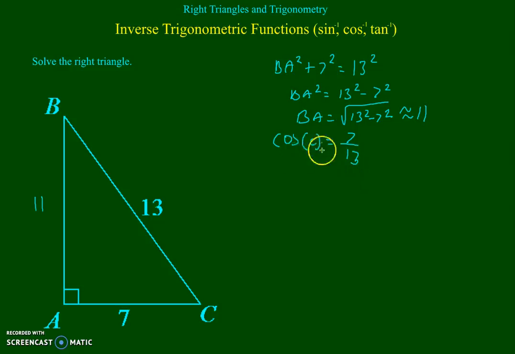Now, we have a problem. We need to solve for angle C. Just like we did in basic algebra, when we're adding a number, we do the inverse. We subtract. When we multiply two numbers, we have to divide. So if we had 2x equals 3, we would divide because that's the inverse operation of multiplication.